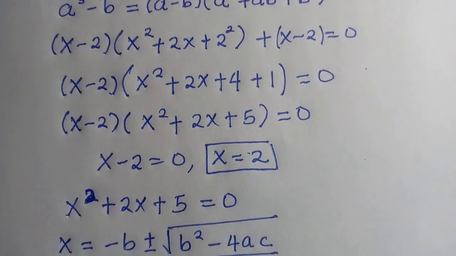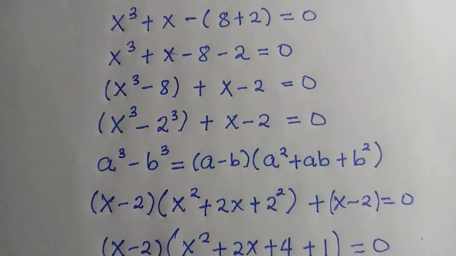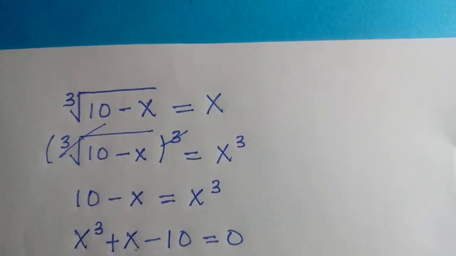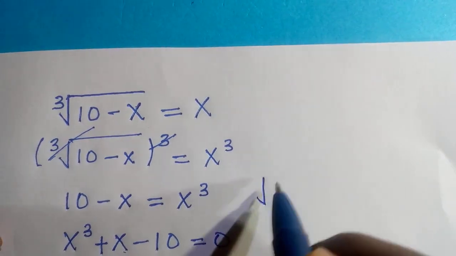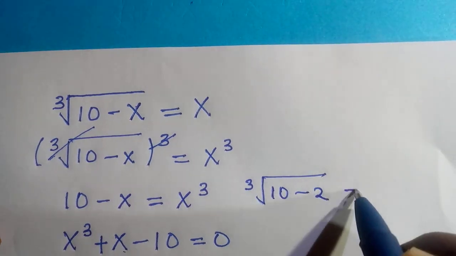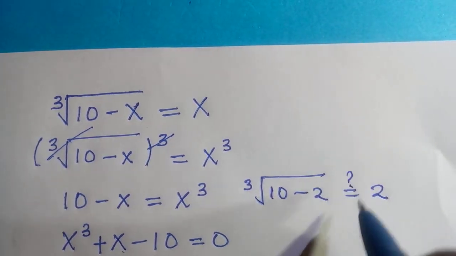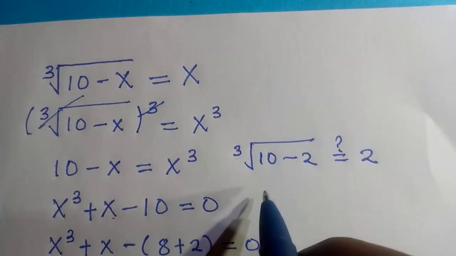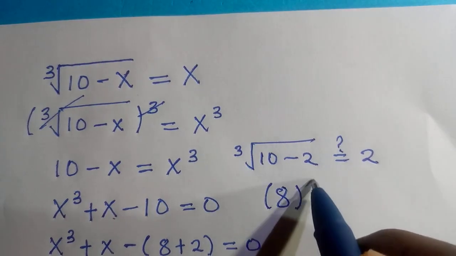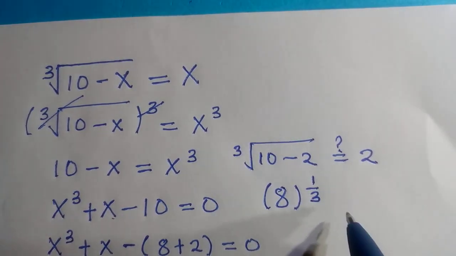If we verify the real solution at x equals 2, it is very simple, as we are going to get cube root of 10 minus 2, everything equals 2. That's what we get. Here is 8, and cube root is given as raised to the power of 1 over 3.